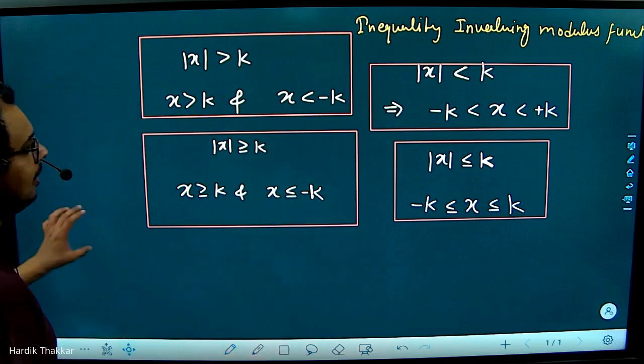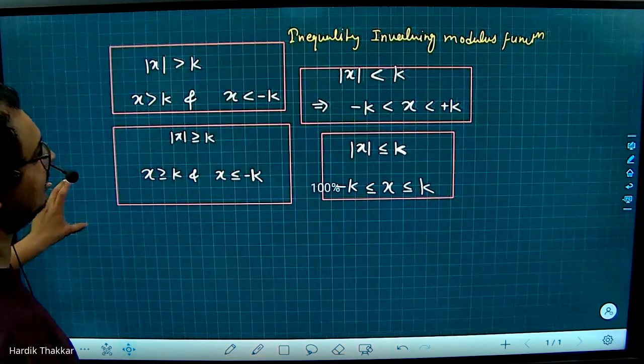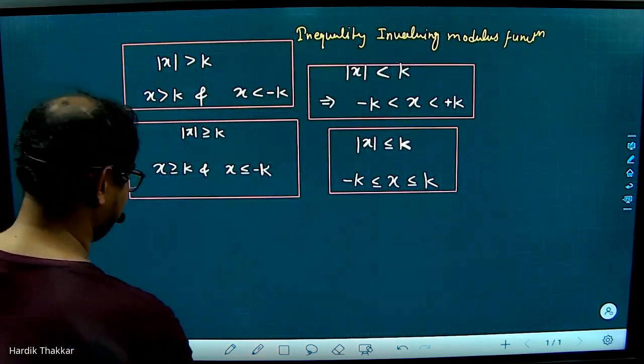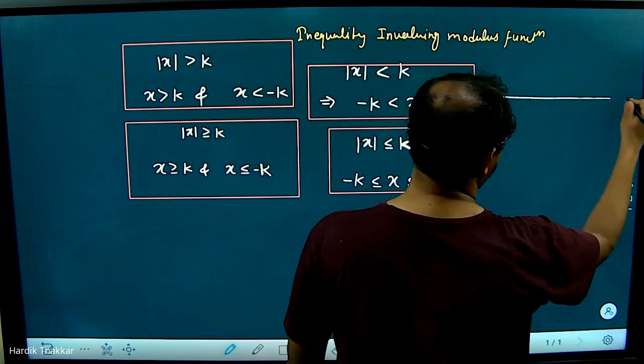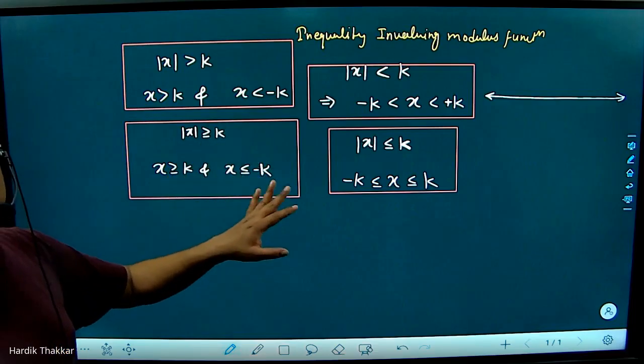Now we will understand the graphical solution of these inequalities. In the first and second case, all the three variables are related: negative k, then on the right side positive k, and in between x. In the third and fourth cases, we have written the variables separately. Let me explain through the number line.